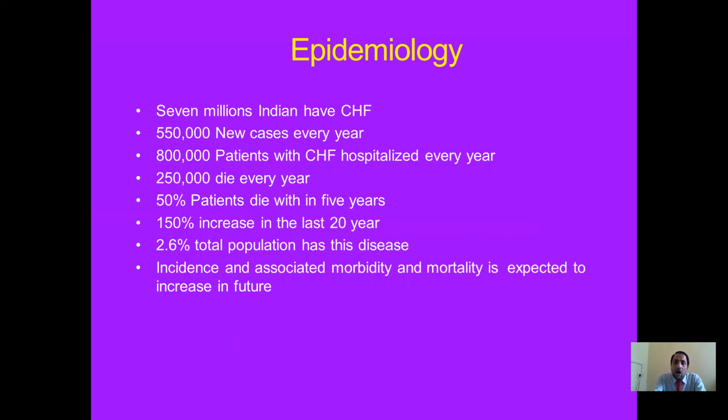Now, if we talk about the epidemiology, that is, the condition of Indian people with congestive heart failure: 7 million Indian people had congestive heart failure in 2019.